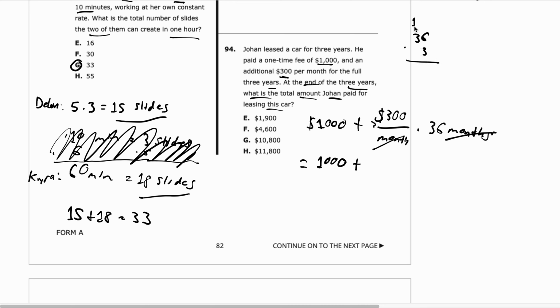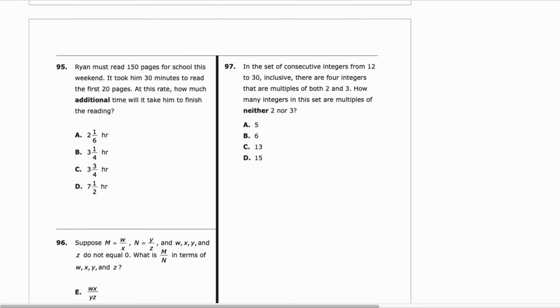So that's 108, and then we have to add these zeros. So we're adding 10,800 to 1,000, so that would be 11,800, which is H. Okay. So that's the total amount paid.